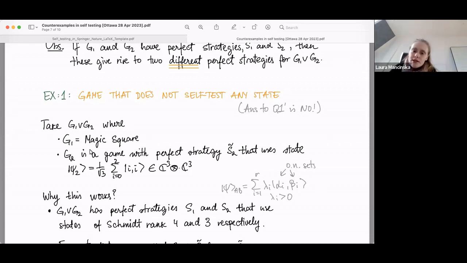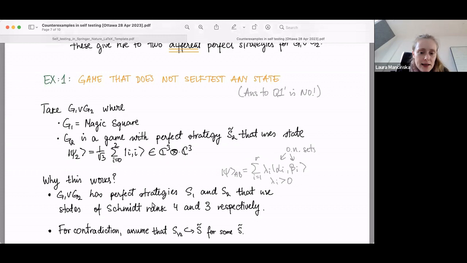For G1, I'm just going to take the magic square I showed you in the beginning, and for G2, I want a game that has a perfect strategy that uses a state in dimension 3. For instance, I can get such a game by considering the so-called Kochen-Specker sets and then taking the game version of a Kochen-Specker set.